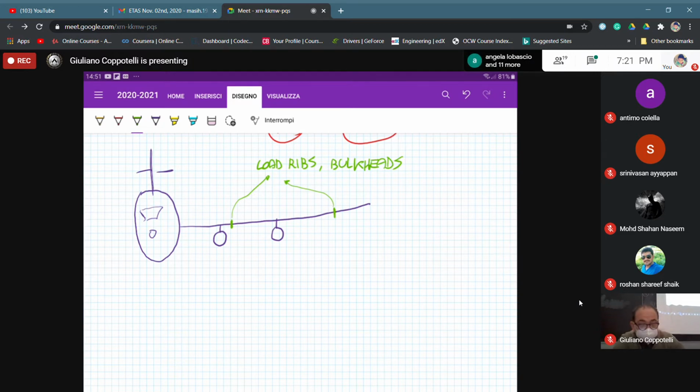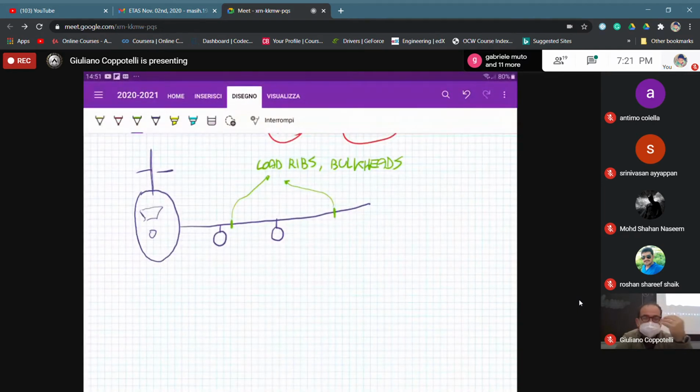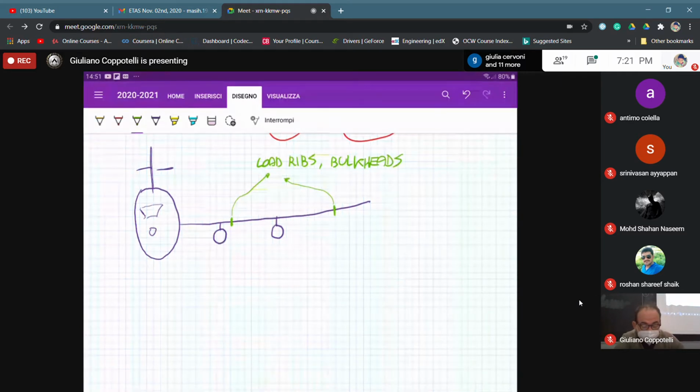So instead of exciting the whole wing with a continuous loading that is representative of the overall loading, containing the inertia, the aerodynamic, of course, and elastic reaction force, we are applying the corresponding forces just at these two sections, at these load ribs or bulkhead sections.